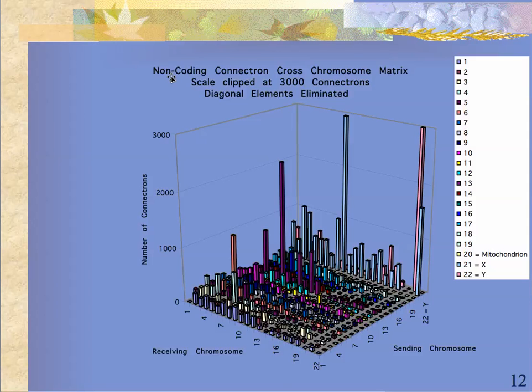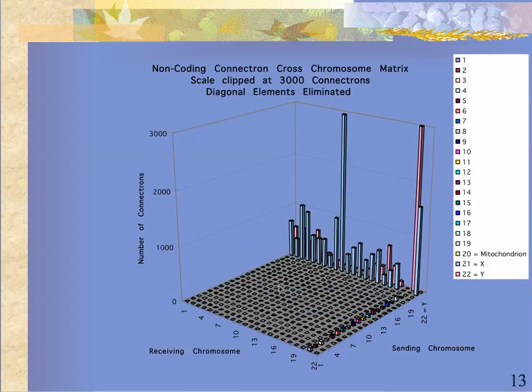Now, the same thing is true for non-coding elements. Non-coding elements are what were formerly called the pseudogenes, and now you see again the length dependent distribution, but random in this thing. In fact, you see a big, huge spike here. That is indication that that's something different and special.